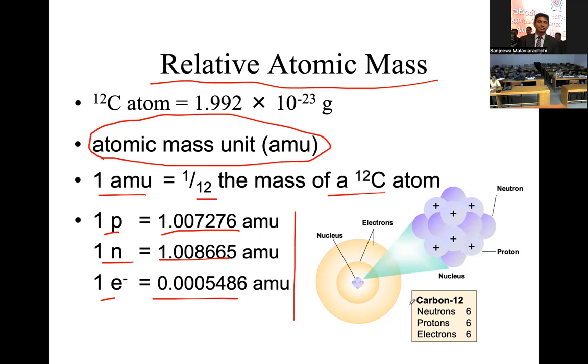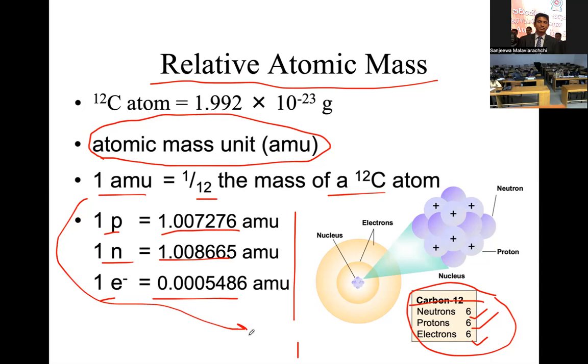For carbon-12, you have 6 neutrons, 6 protons, and 6 electrons. If you take 1/12 of this mass, you can term it as 1 AMU. So 1 AMU will be equal to 1/12 of this carbon atomic mass. This is another basic concept.